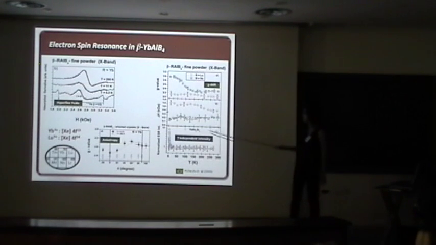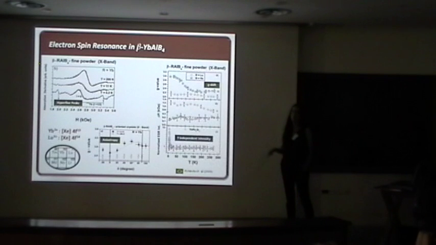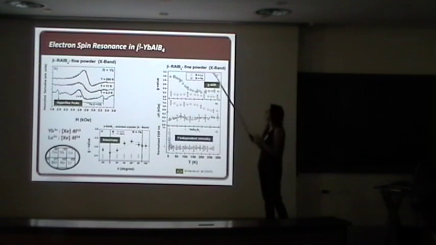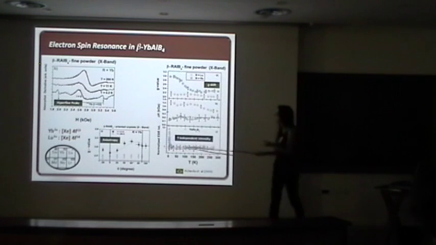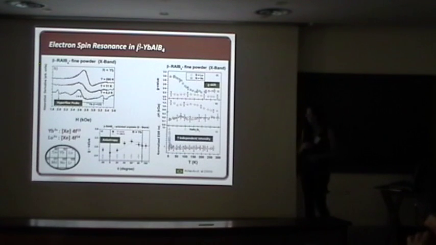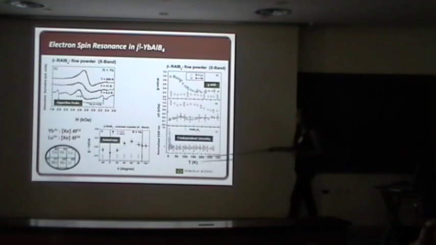In contrast, for ytterbium rhodium-2 silicon-2, that has local moments, we see a big change in this intensity at low temperatures. So in this material, as we have a localized f shell, we would expect that it would increase because it has a Curie-like susceptibility. And one can show that this intensity, which is related to the integral of that line of absorption, is related to the static spin susceptibility.